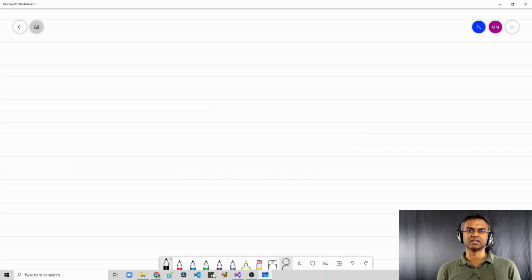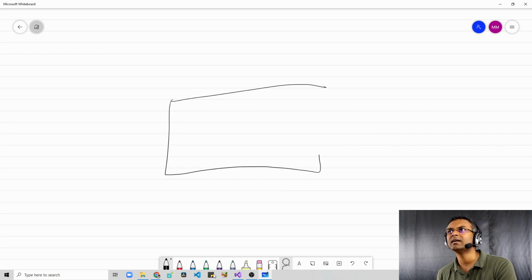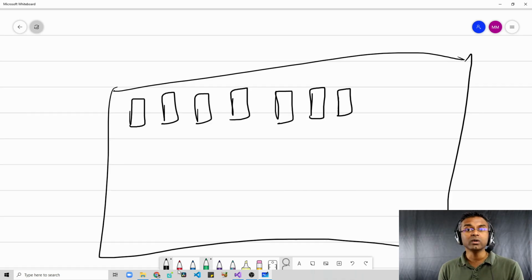To illustrate this further, consider that this is your hard disk. Okay, so in your hard disk you would have a bunch of these tiny switches. And we know that each of these switches could either be in the on state or in the off state. So for the on state we represent it with the number 1, and for the off state we represent it with the number 0.